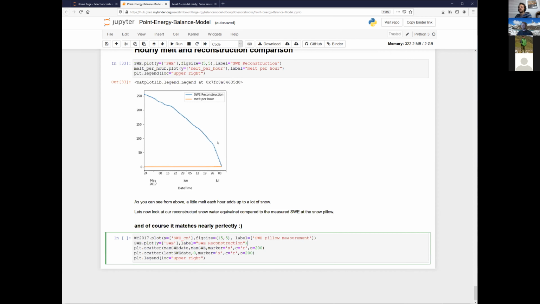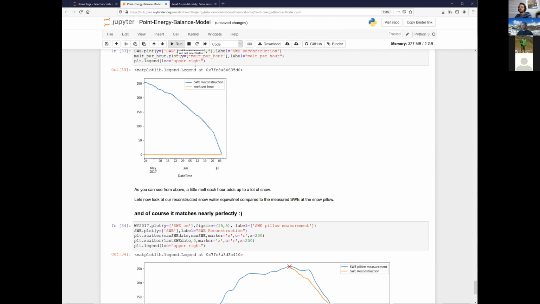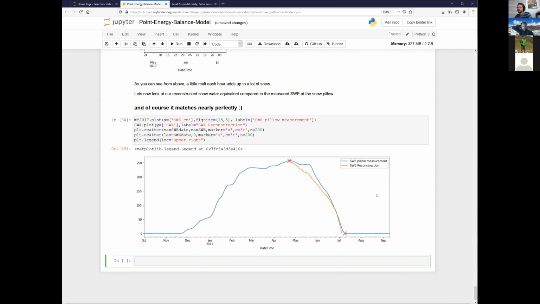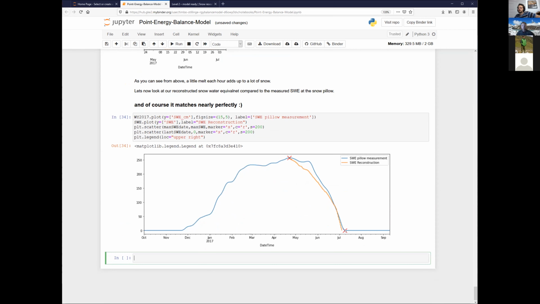When we do that right here, we can see that we pretty much nail it and estimate independently with energy balance exactly how much snow is at that location from our snow pillow. So this is really the power of SWE reconstruction, where using the energy balance, we can very closely estimate how much snow is in a location. And when we compare it to a direct measure of SWE, they line up really well.